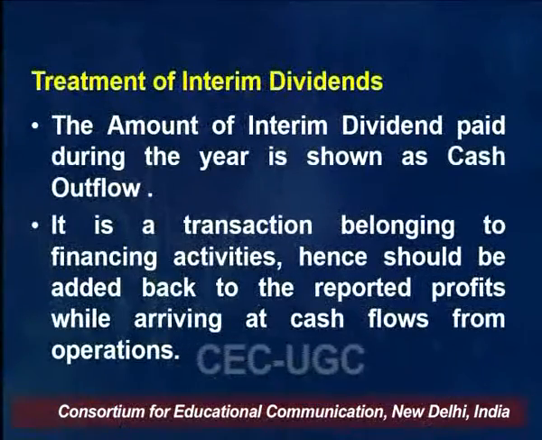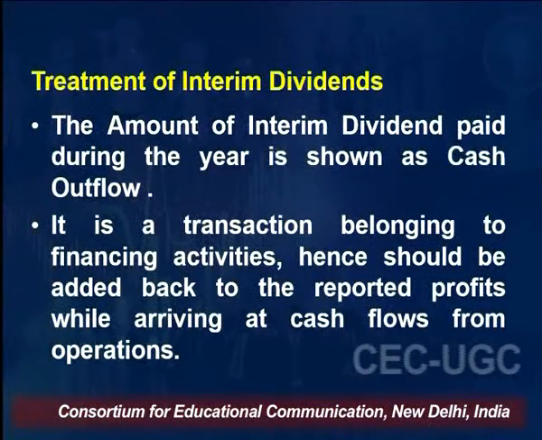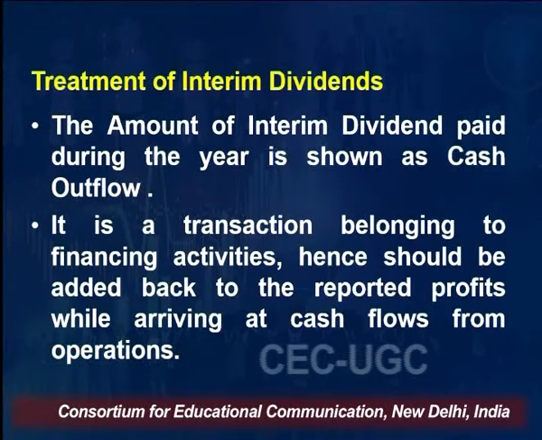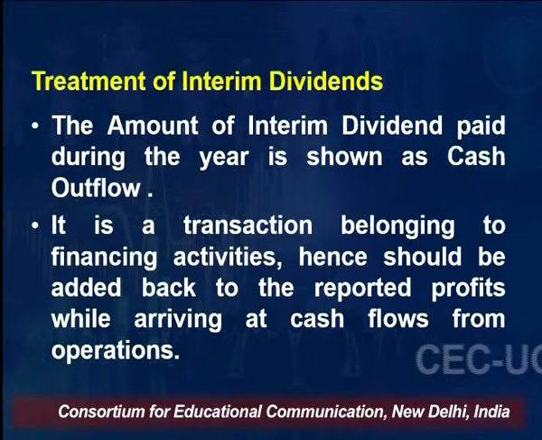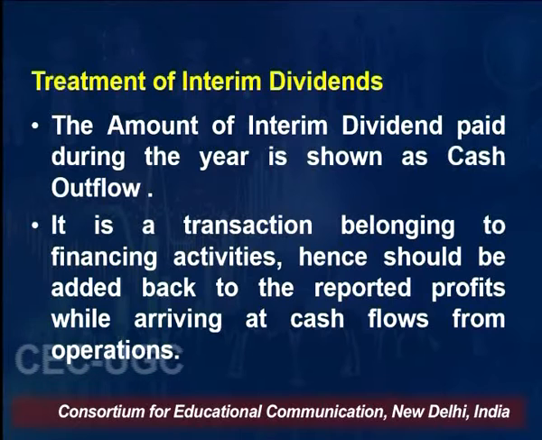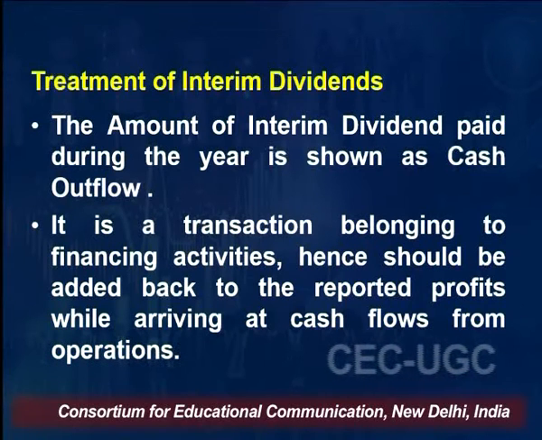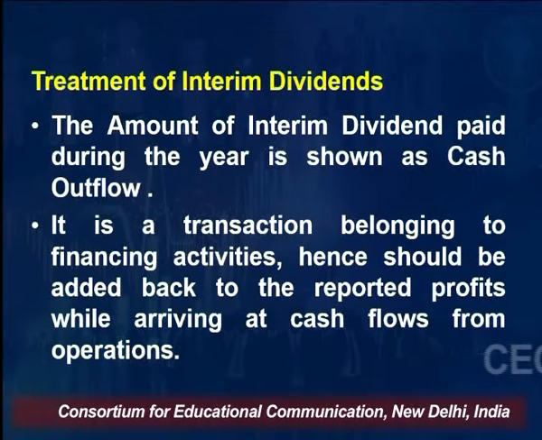And do remember, it is a transaction which belongs to financing activities under the cash flow out of 3 activities, that is operating, investing and financing. And do remember that it should be added back to the reported profit while arriving at cash flows from operations. So when you are calculating your cash flow from operating activities and you start with the profit after tax, do remember you have to nullify the impact of non-cash and non-operating items.